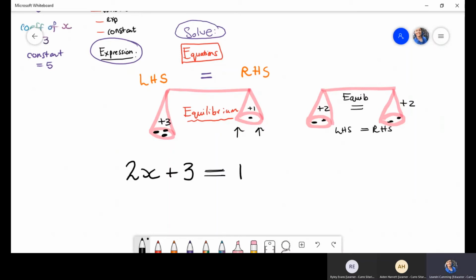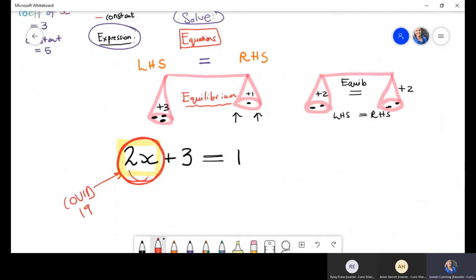And I'm going to focus on isolating. Isolating means isolation, quarantining. Let's treat this 2x like the coronavirus. Let's call it the COVID-19. We want to quarantine this. We want to isolate it.